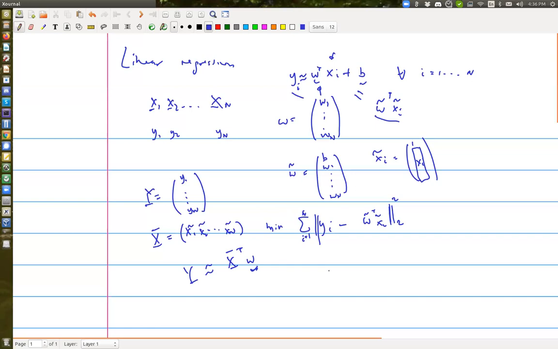Basically, the solution will be the pseudo inverse. So W will be equal to X, Y, X, X transpose inverse, something like this.